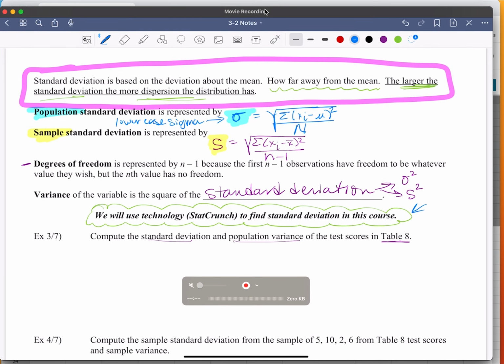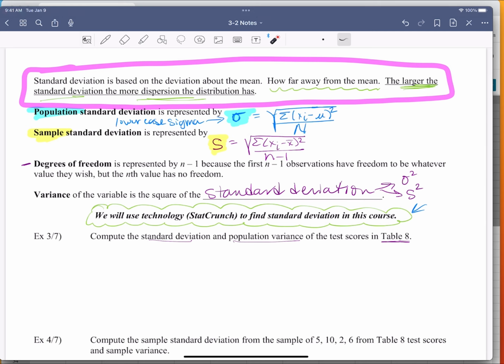Look at our formulas right here. This is capital N. This is adjusted. This one is unadjusted in StatCrunch, and this is just a regular standard deviation because most of the time we work in terms of a sample, right? Rarely do we actually get the joy of working with a population here.